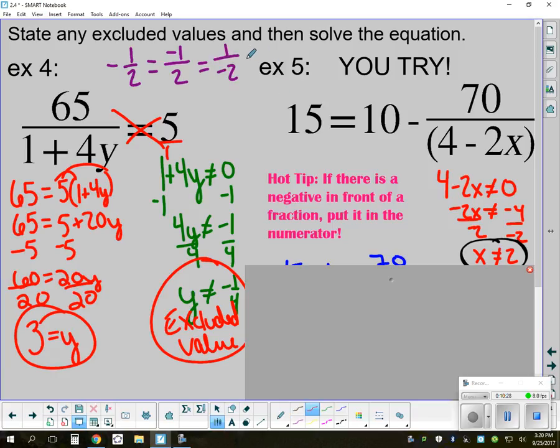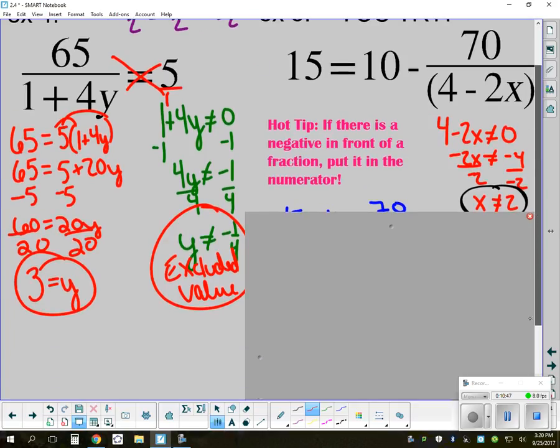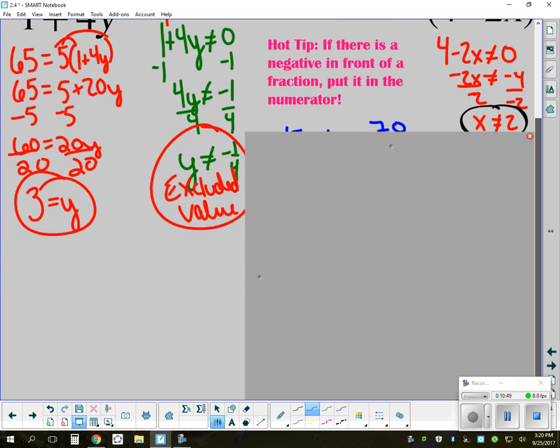It is not the same as negative 1 over negative 2. You cannot put it in both places because then you have a negative over a negative and you really have a positive. Okay, so the red ones are equal, but those are not equal to the purple ones. So you should have got to a point when you were solving where that should have been important.